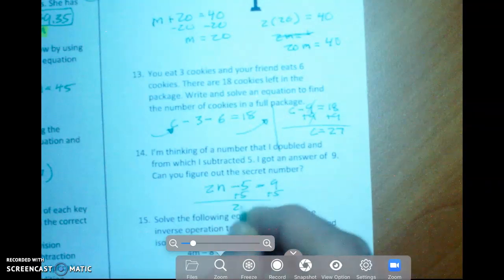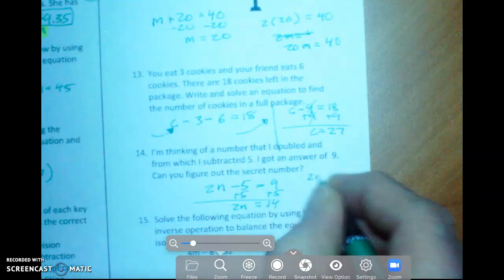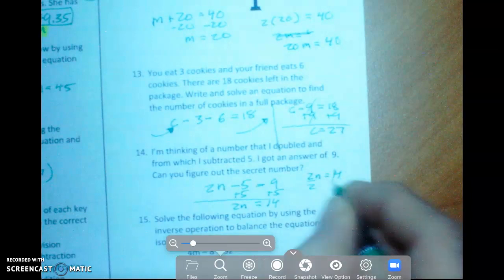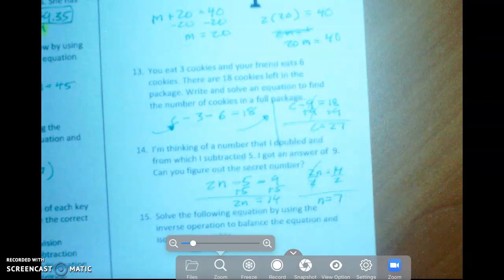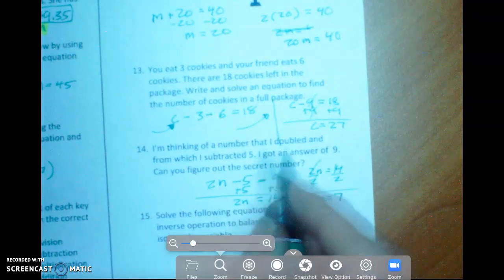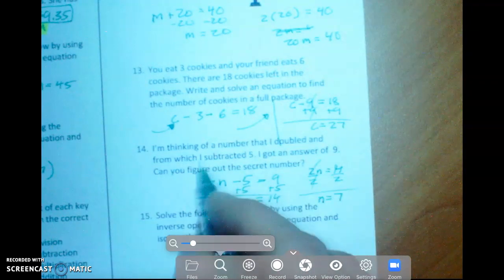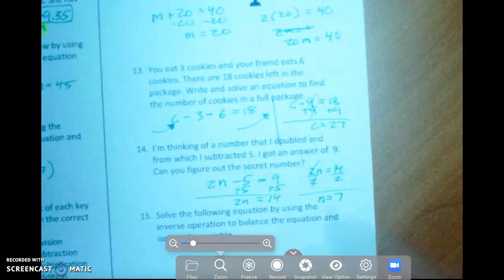We've got 2 times a number is equal to 14. I'm going to write that up here. 2n is 14. Now I can divide by 2. And I've got that number is equal to 7. Let's double check it. I took a number, I doubled it, that's 14, and then I subtracted 5. 14 minus 5 is 9. Yeah, there we go. Number is 7.